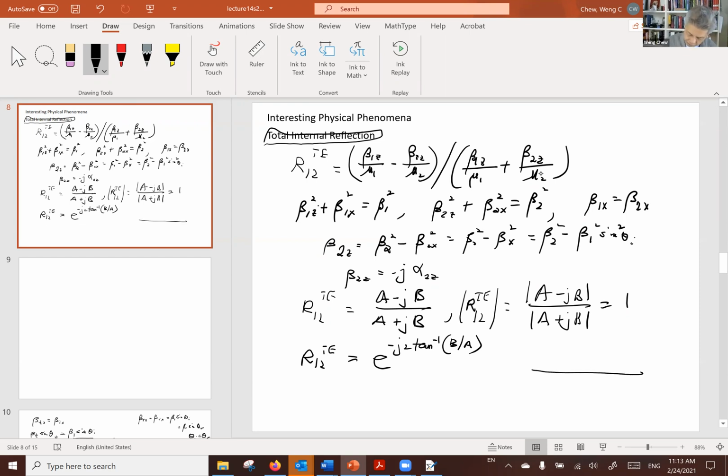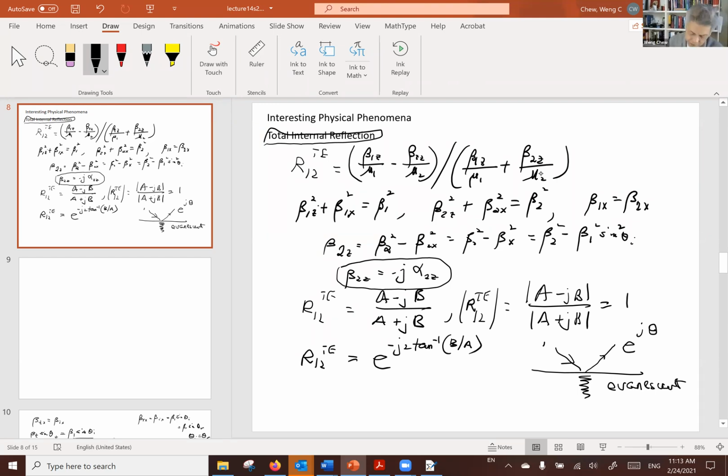So if you have this happening to you, the wave comes in, everything is totally reflected, but there is a phase shift for the wave. It comes in from region 1, but it gets reflected. And what happens is that in region 2, beta 2z becomes pure imaginary, which means that the wave is evanescent in region 2.